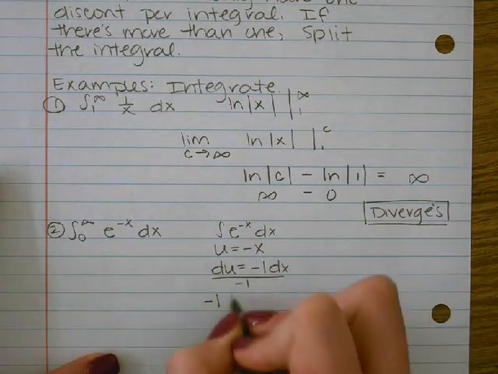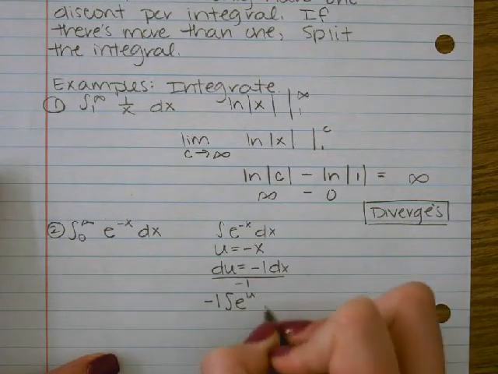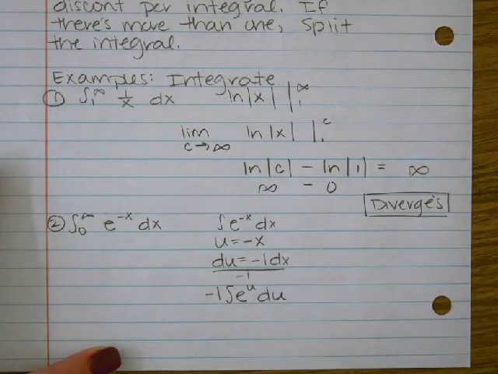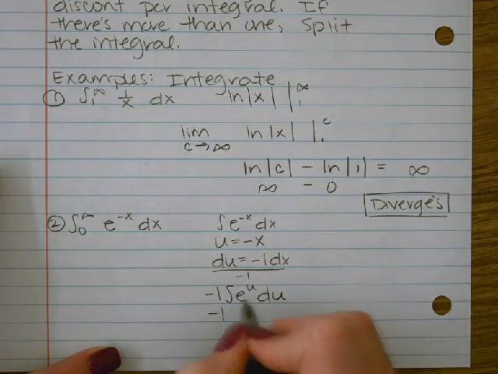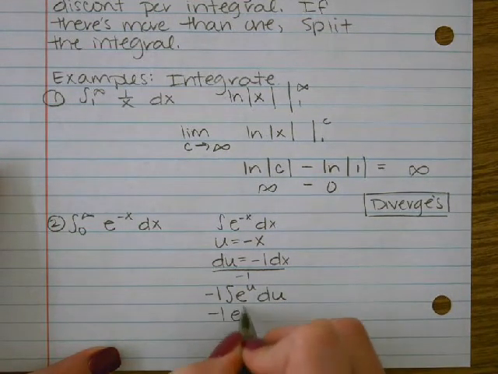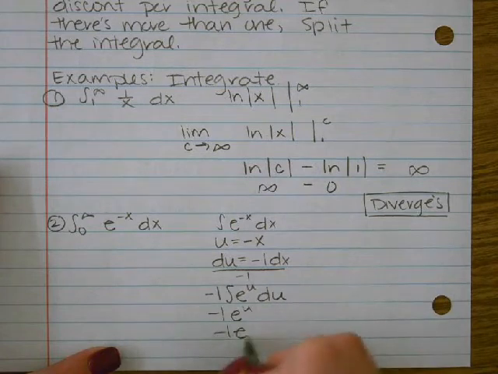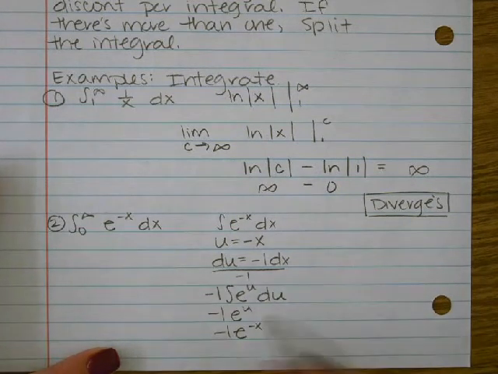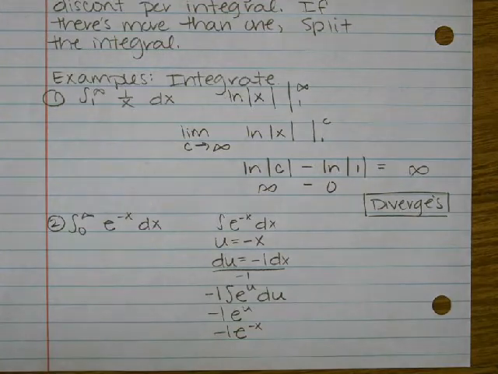So I've got negative of e to the u du. So that gives me negative 1, the integral of e to the u is just e to the u, so that gives me negative 1 e to the negative x. Or negative e to the negative x would work just as well.